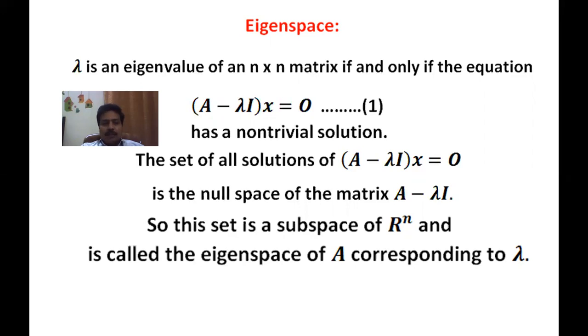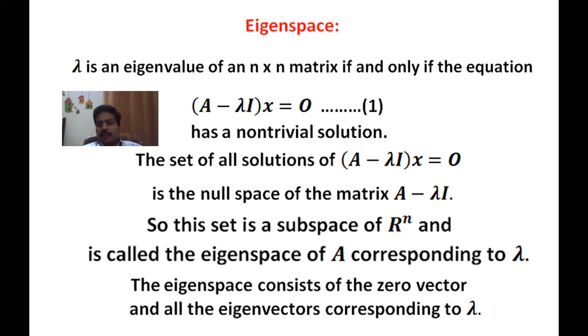So for each lambda, the eigenvalue of a matrix A, there will be a set of eigenvectors which will be a subspace of Rn, and that subspace is called as eigenspace of A corresponding to that eigenvalue. So for each eigenvalue lambda, we can find an eigenspace. The eigenspace contains the zero vector. So obviously in the null space, zero vector will be there.